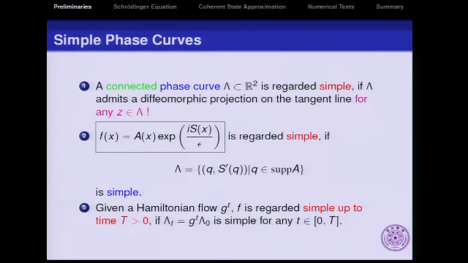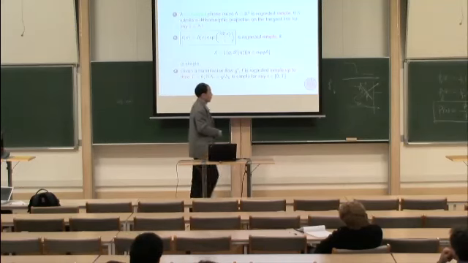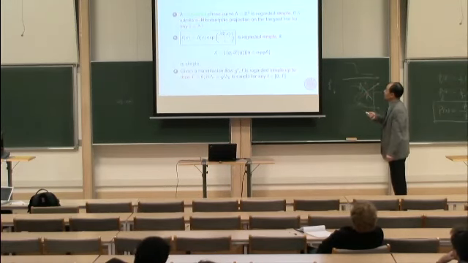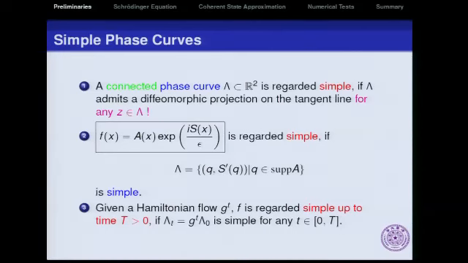I would also like to introduce some terminology. The first one is the so-called simple phase curve. What's a simple phase curve? Here I am only concerned with the one-dimensional case. So if you're given a connected phase curve Γ, I say it's simple if Γ admits a diffeomorphic projection on the tangent direction, the tangent line, for any z belonging to this Lagrangian curve.